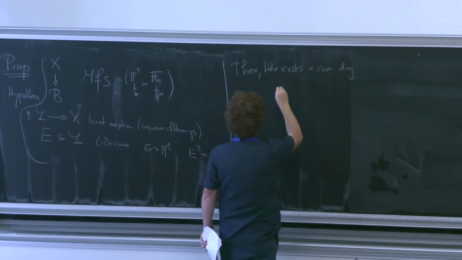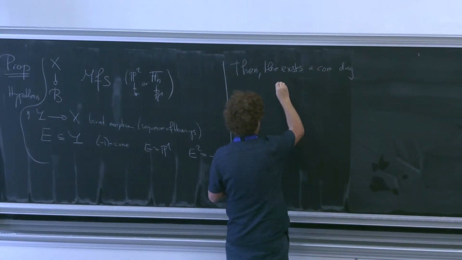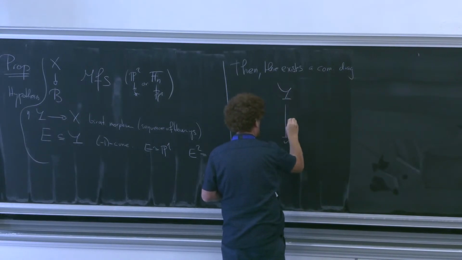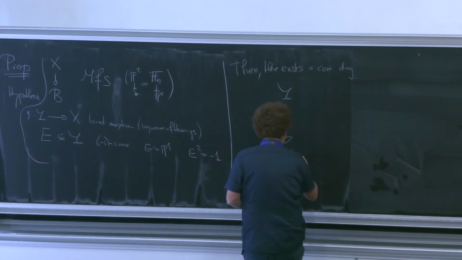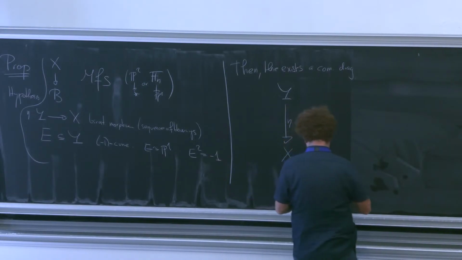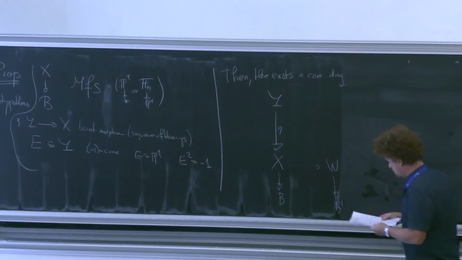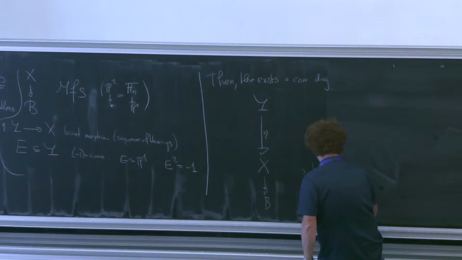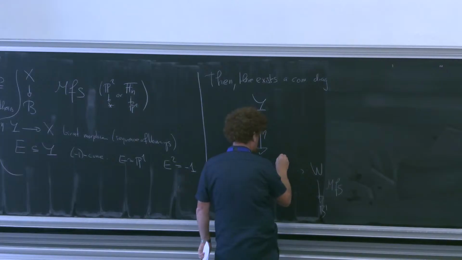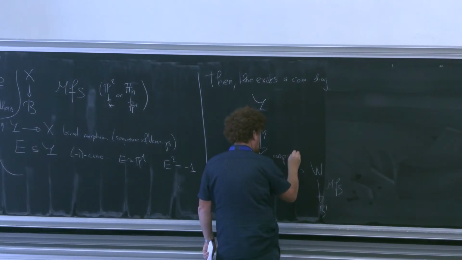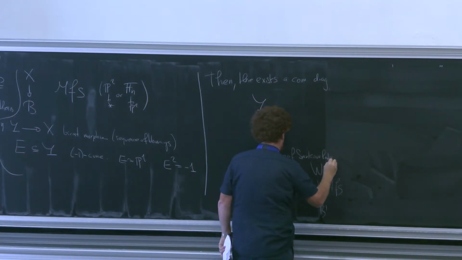So I take X, Y, I have eta, X, B, I go to W, B prime, which is also a Mori fiber space. I have in the bottom compositions of links and automorphisms.